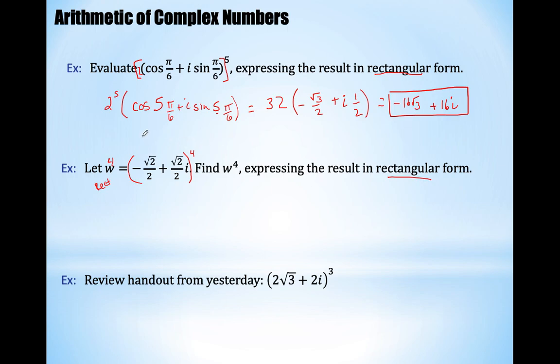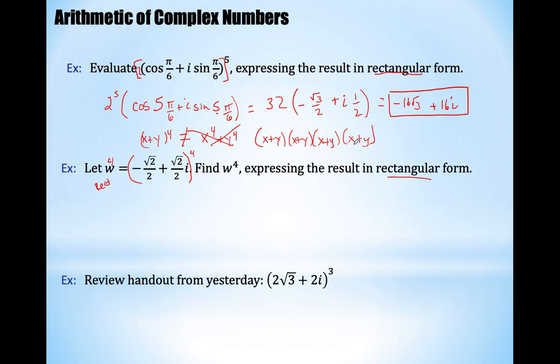It is not true that x plus y to the fourth equals x to the fourth plus y to the fourth. You would have to actually write out x plus y times x plus y times x plus y times x plus y.